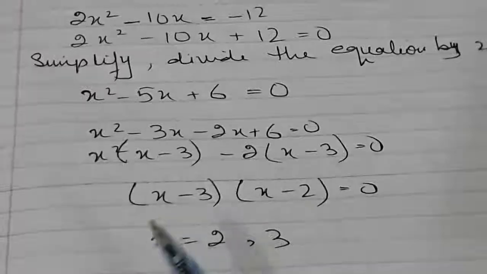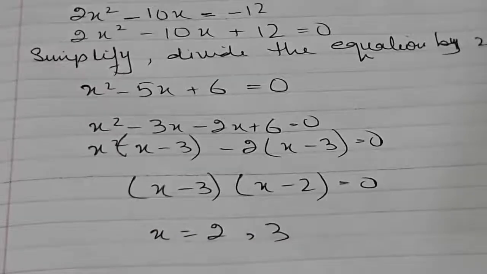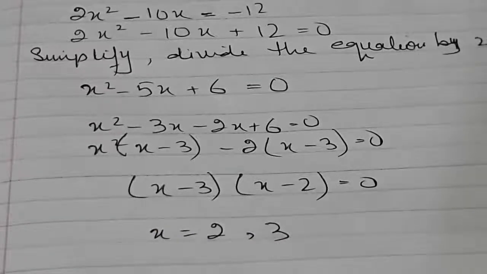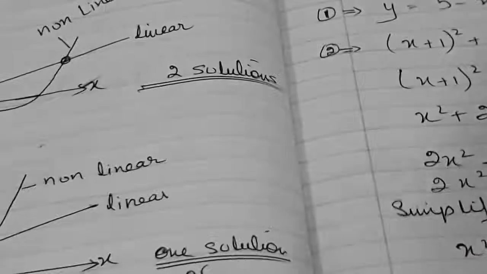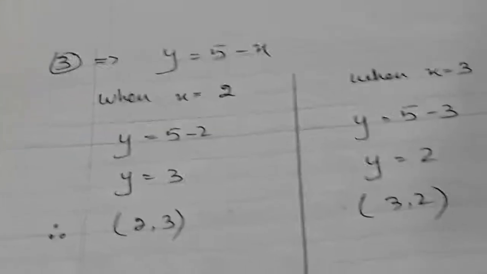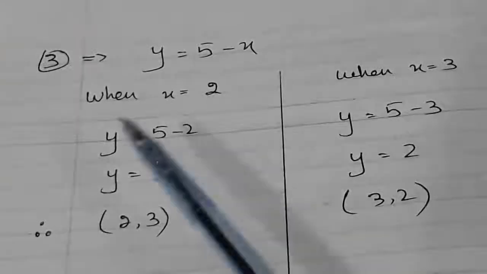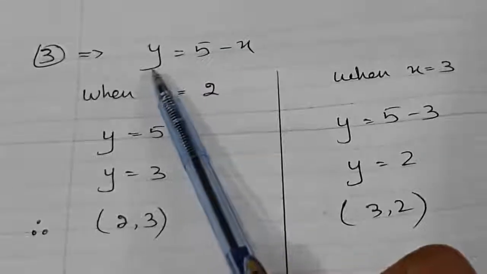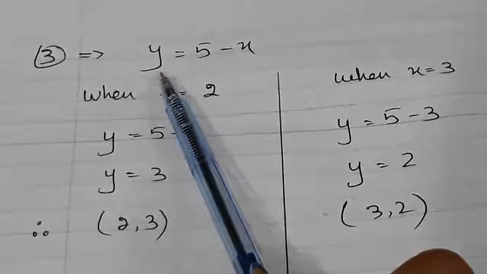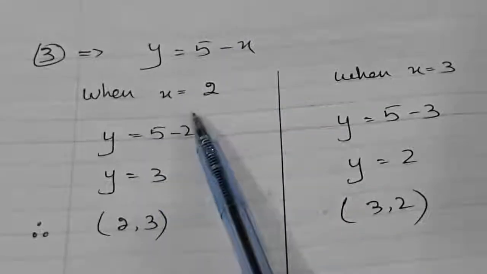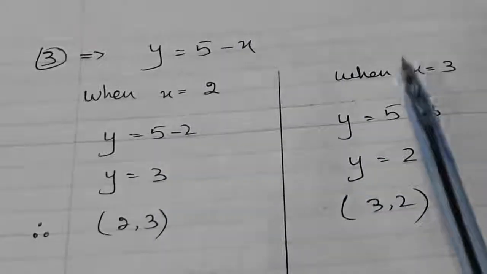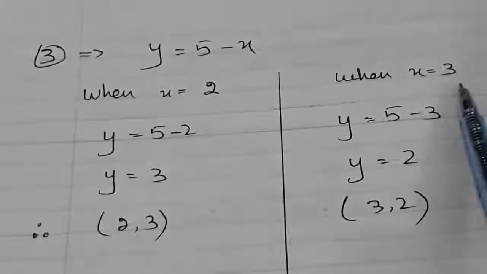Now at times students stop here and think the question is over. No, you have to find the value of y as well. So let's see what you will do now. This was equation number 1 from which we made y the subject. In this equation, one time I will substitute x equals 2 and then I will substitute x equals 3.